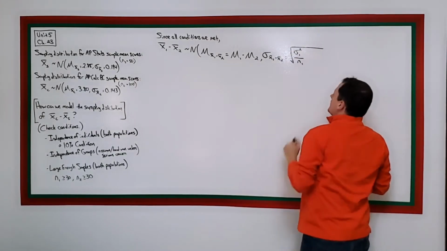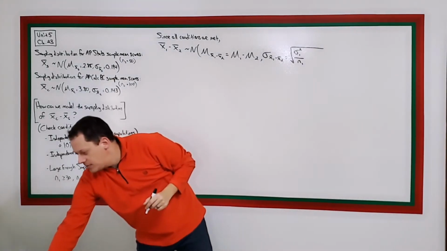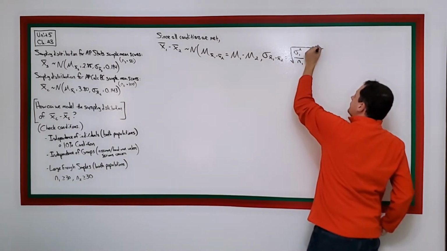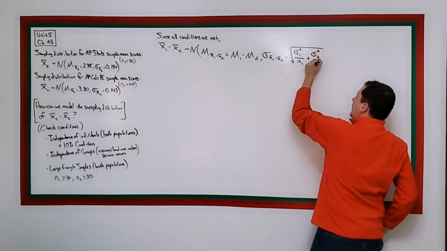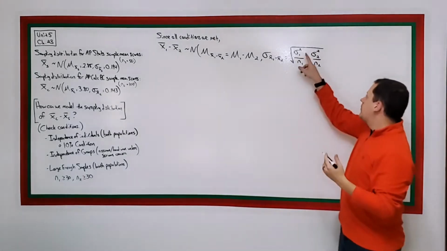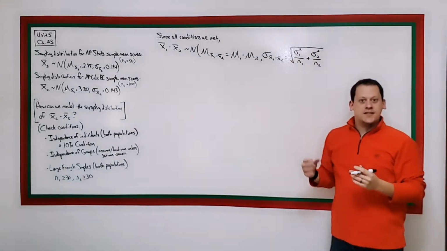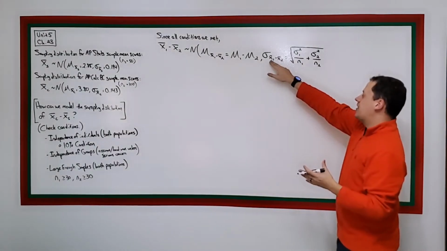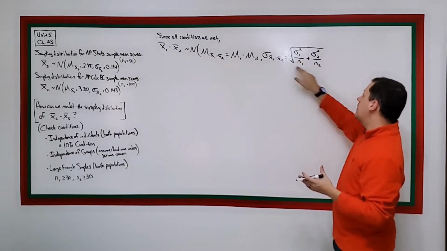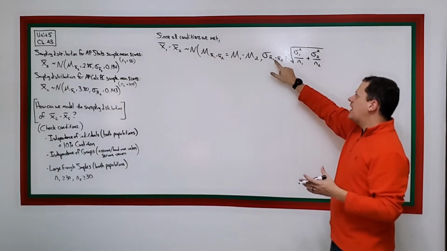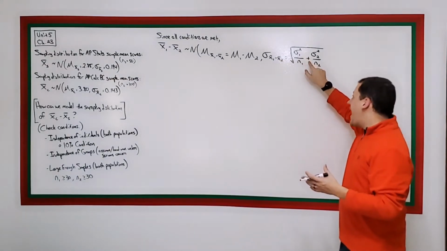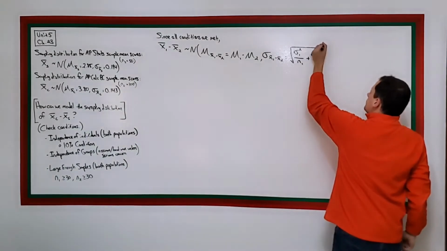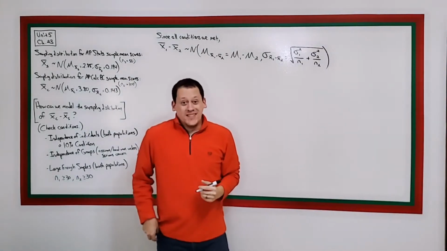This is just the variance of the population for the first population divided by the sample size, plus the same thing for the second one. Right. So each of these terms separately is the variance for x bar 1 and x bar 2, and when we combine those random variables, we add the variances, always, and then take the square root to get the standard deviation. So that's the formula in general.